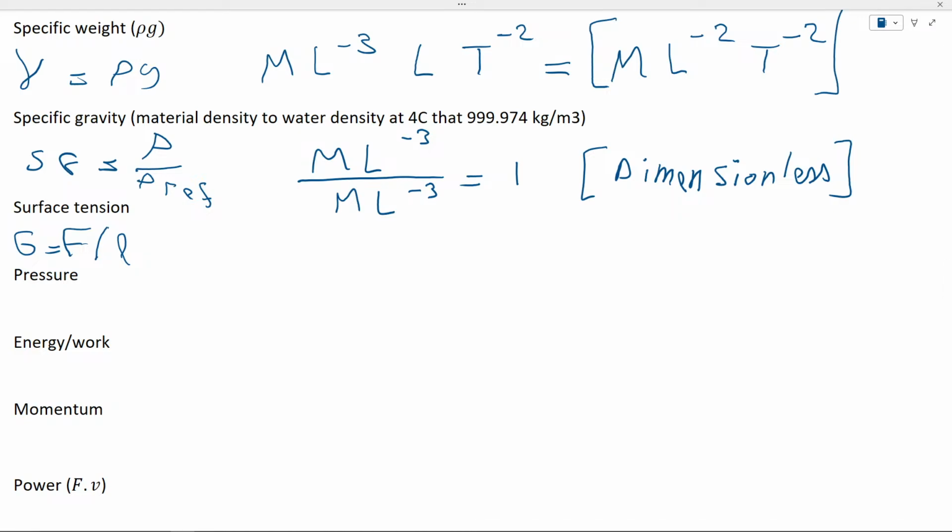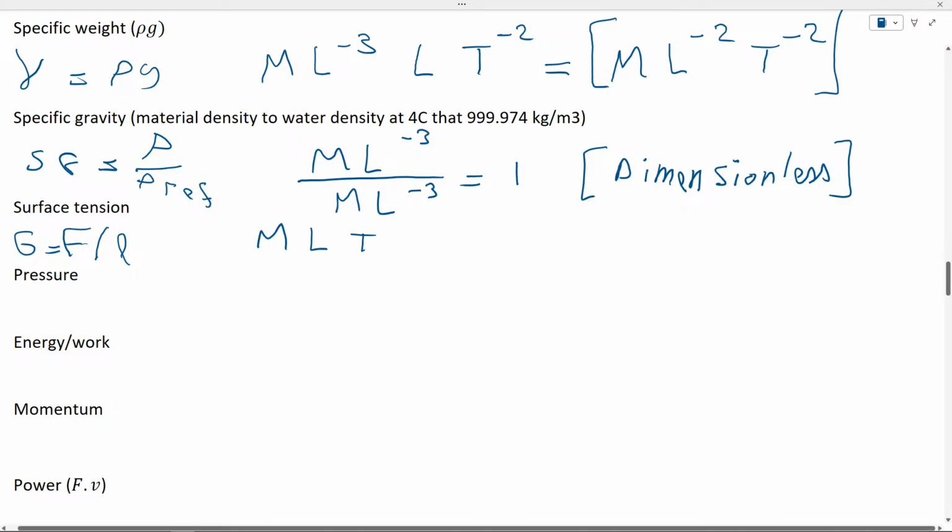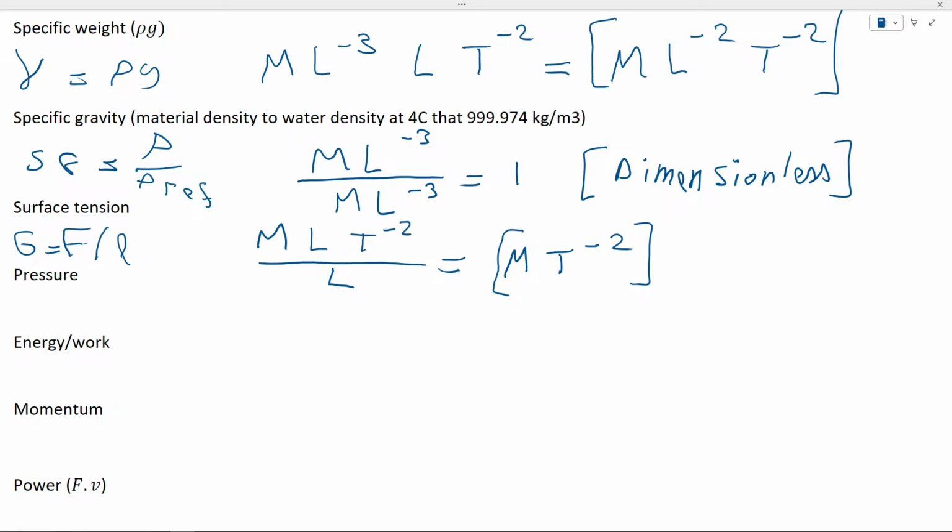Remember, force is mass times acceleration. Acceleration is L t minus 2, L over time squared, and length is L. So surface tension would be m t minus 2. That would be the dimension of surface tension.